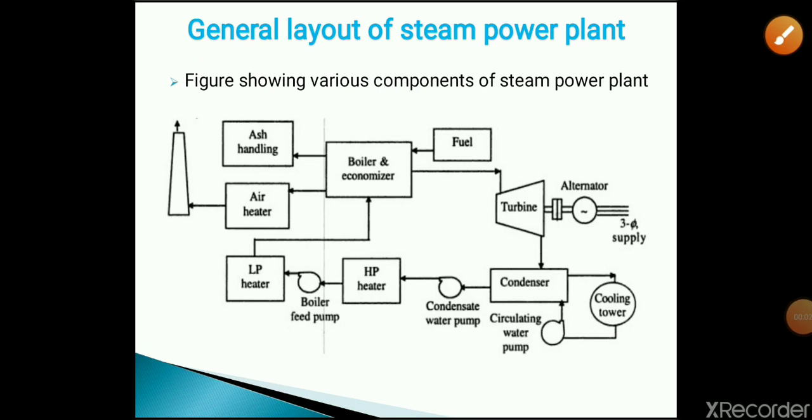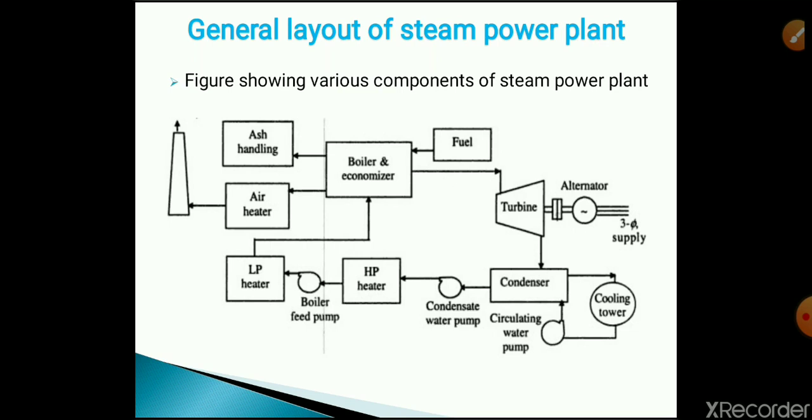Figure shows general layout of a steam power plant. It shows various important components of a steam power plant, that is boiler, turbine, condenser, feed water circulating unit, ash handling unit, air heater, and chimney. Water is supplied with the help of a feed pump to the boiler, where water is converted into steam using heat from the furnace.